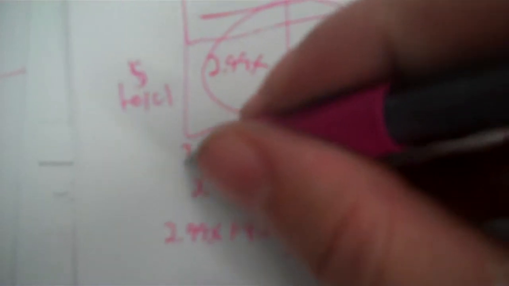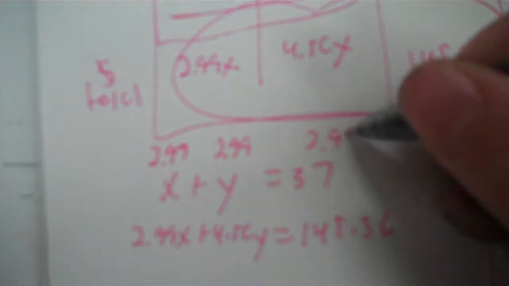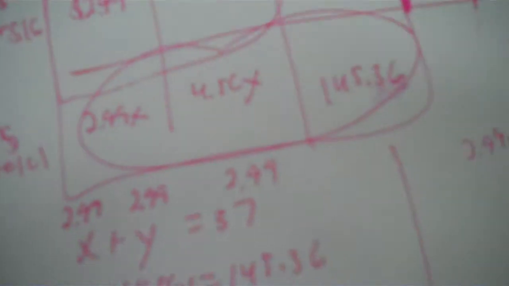Okay, so I'm going to multiply the top by 2.99 and the bottom by 1. So it's going to be 2.99x plus 2.99y. Now you got to remember to multiply the 37. You can't just leave that 37.